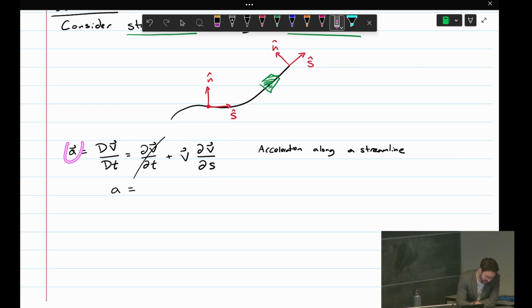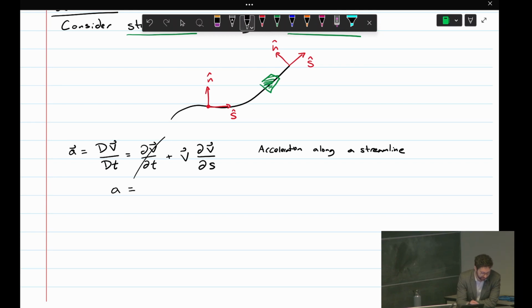So right now, acceleration is a vector and velocity is a vector. But what do we know about the relationship of the velocity vector and our streamline coordinate system? Okay. Yes, exactly. Our velocity vector is always tangent to the s direction.